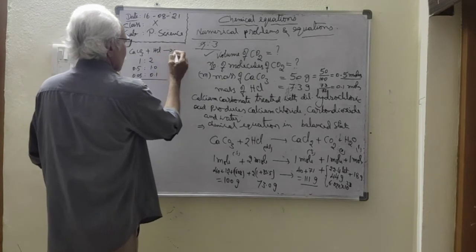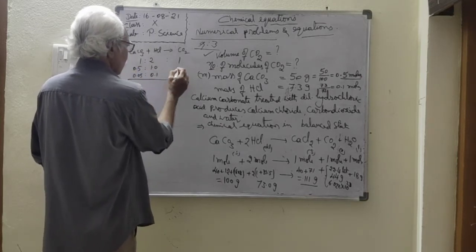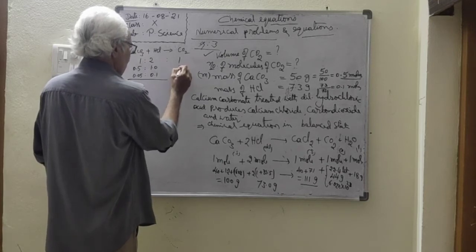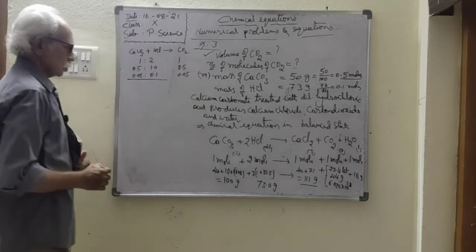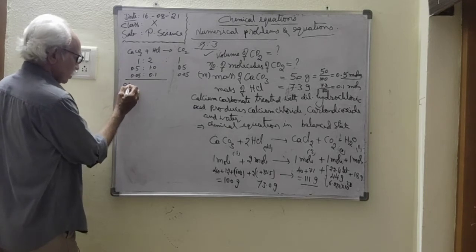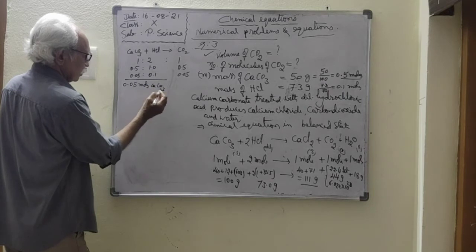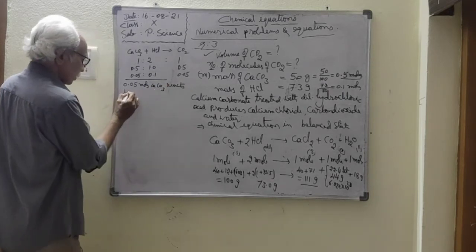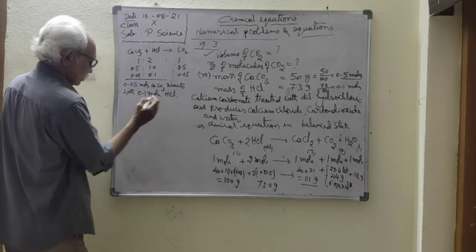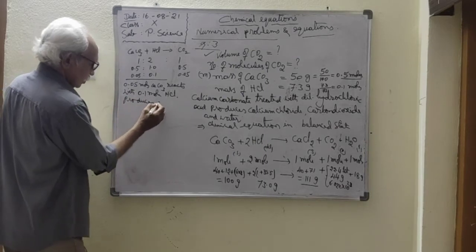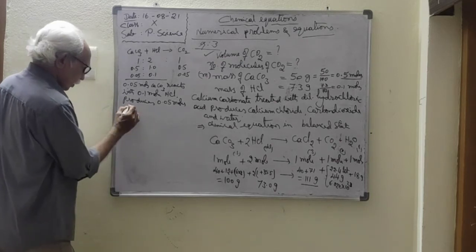So according to this equation, 1 is to 1 is to 1. So 0.05 moles CaCO3 reacts with 0.1 mole HCl and produces 0.05 moles carbon dioxide. So therefore, moles of carbon dioxide is 0.05.